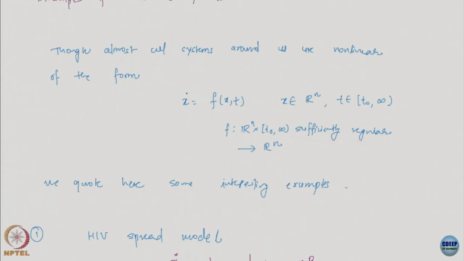What do you think I would imply by sufficient regularity? Any guesses? Yes, absolutely. When you say sufficiently regular, you are expecting it to be sufficiently differentiable in this context. You may be able to do with much less.